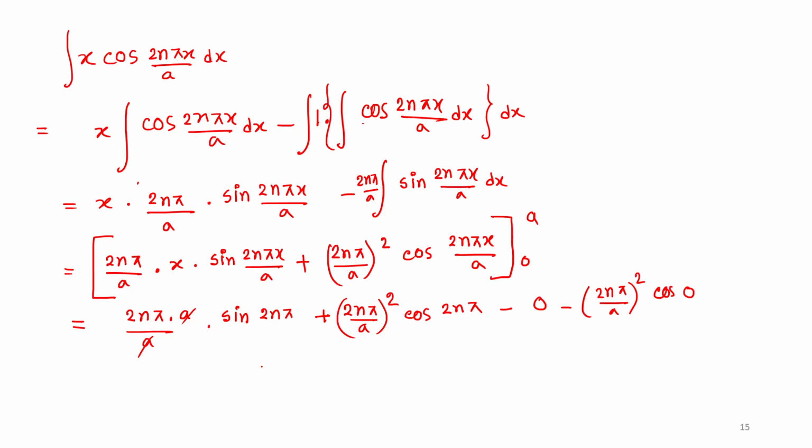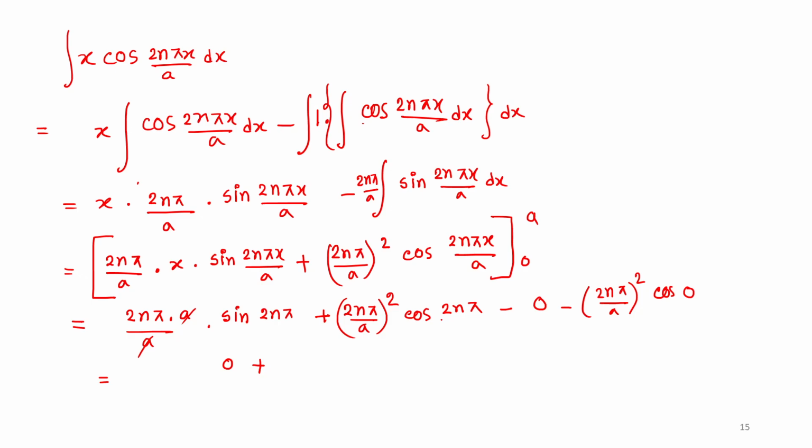Cos 0 is 1. And what about 2nπ into sine 2nπ? Sine 2nπ is always 0, so this part is going to be 0. What about cos 2nπ? Let us take n equal to 0, so cos 0 is 1, right? Let us say n equals 1, then cos 2π is 1.